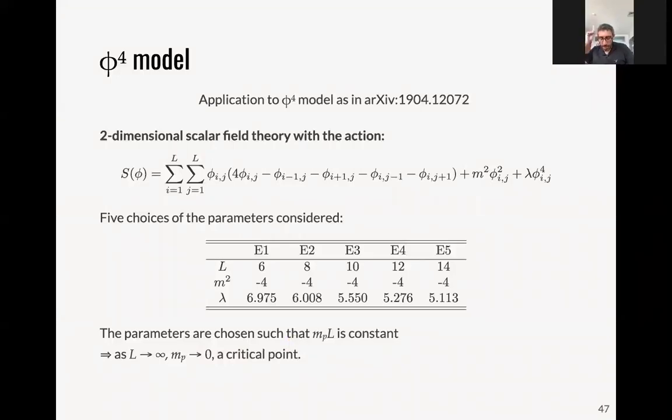So you should observe critical slowing down as you move from left to right in the parameters here.